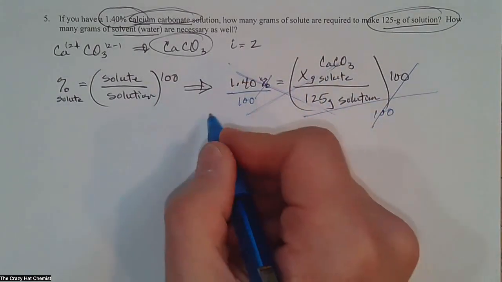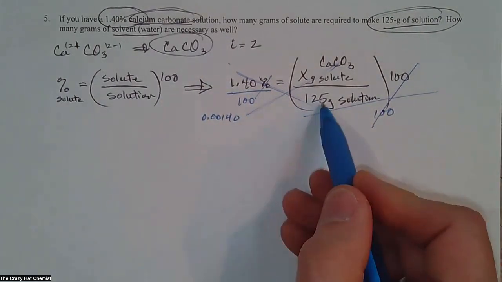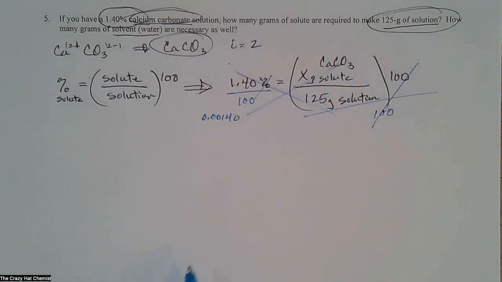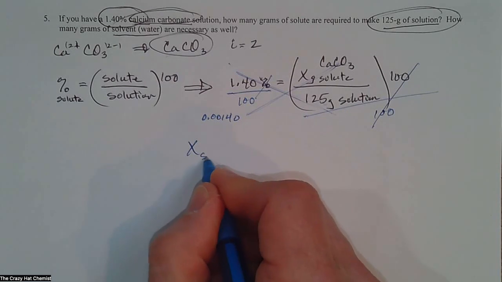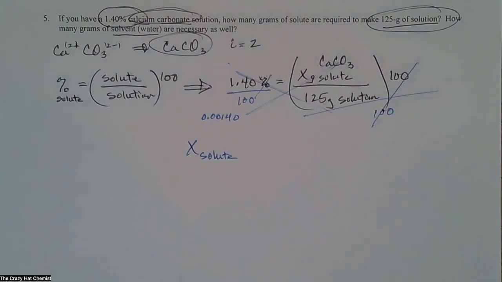So we're going to have 0.00140, and we're going to take 125 times that, and then that will equal X. Okay? And so X is the solute that we're solving for, okay? And let me just pull out my calculator here and make sure I got this.